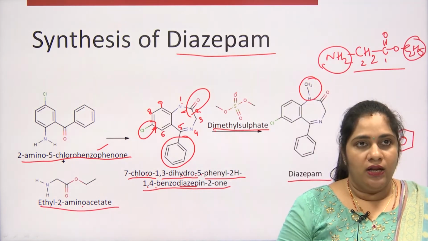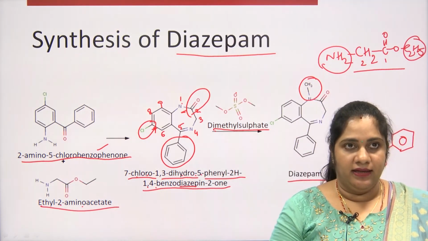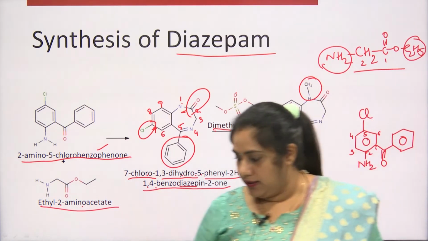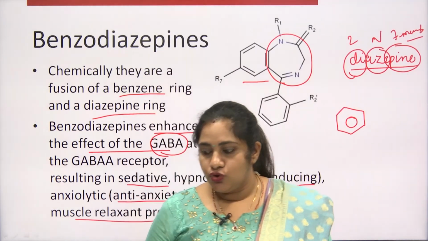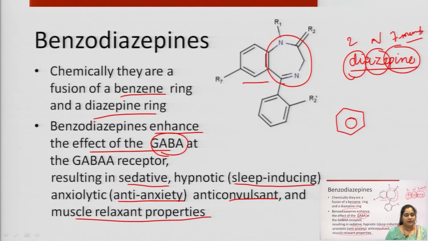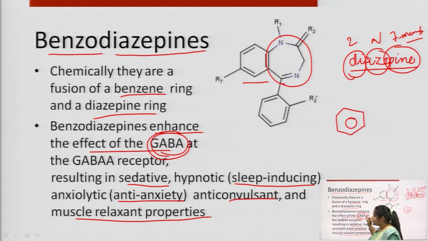So this is all about the benzodiazepine category. Let's revise it once again. First, the benzodiazepines, as I have told earlier, are a fusion of benzene and diazepine ring. Next, they have an allosteric effect on GABA, meaning they increase the activity of GABA.